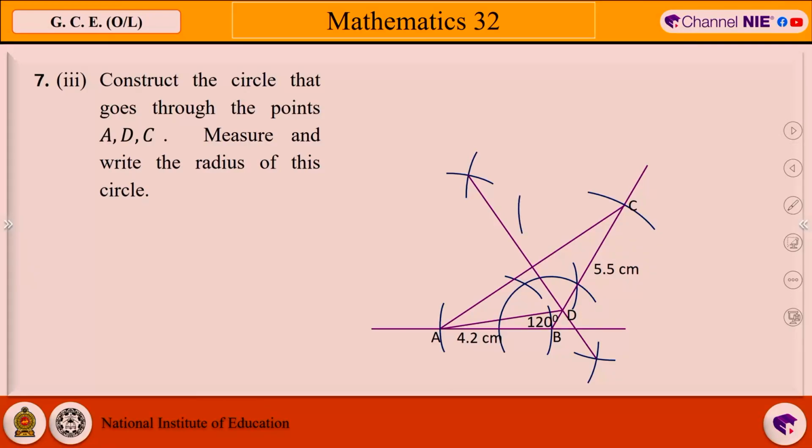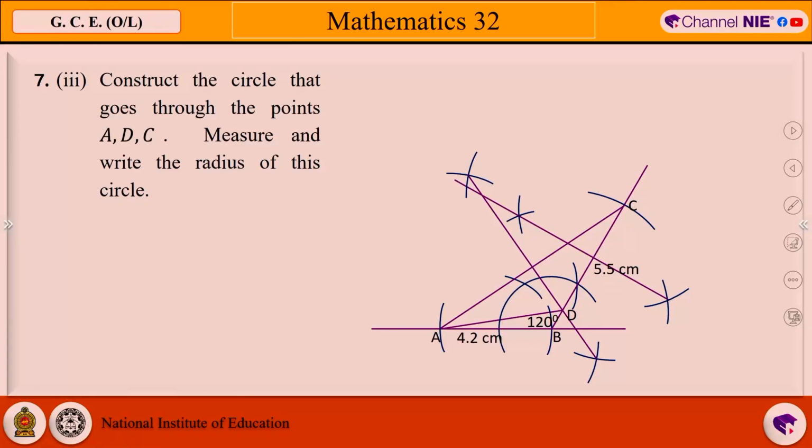To construct the circle which is passing through the points A, D, C, means we have to construct the circumcircle of the triangle ADC, isn't it? In order to construct the circumcircle, we have to construct another perpendicular bisector of another side of this triangle. That is what I am doing here.